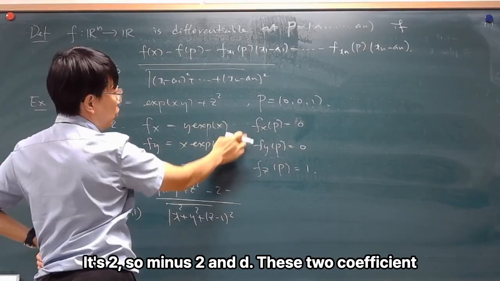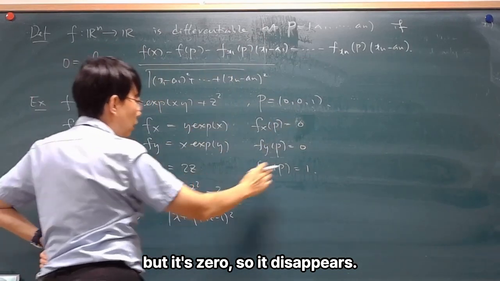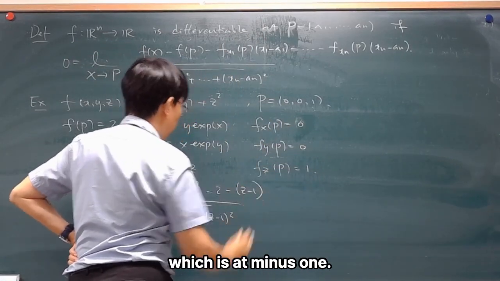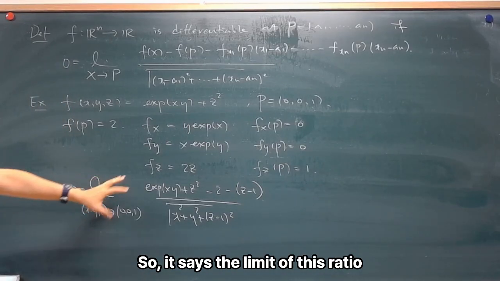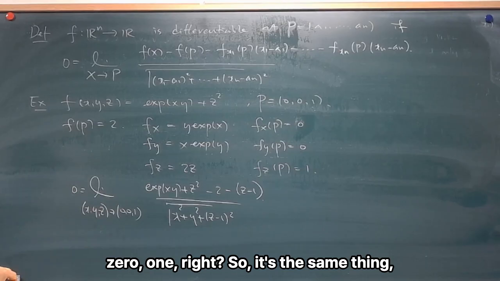The two coefficients should appear here, but they are 0, so they disappear. Only the last term survives, which is minus (z minus 1). So it says the limit of this ratio goes to 0 when (x, y, z) goes to (0, 0, 1), right? It's the same thing.